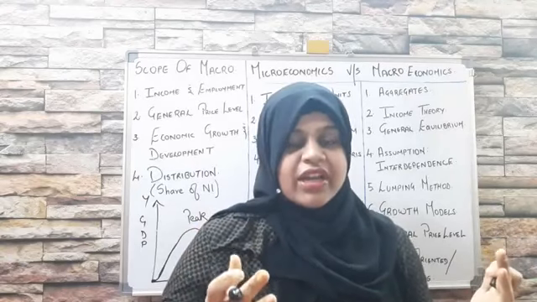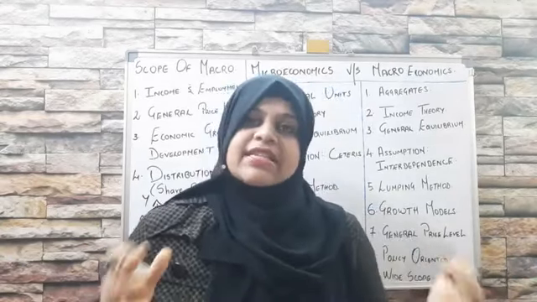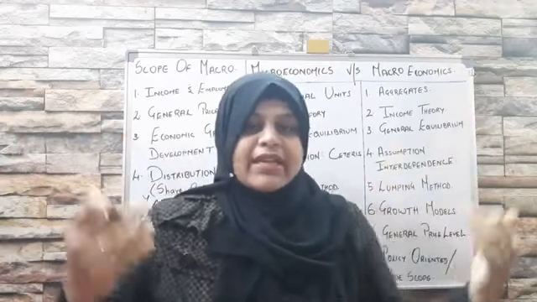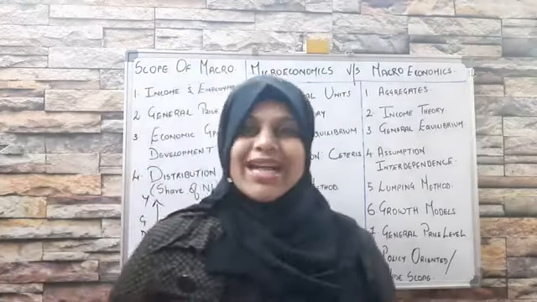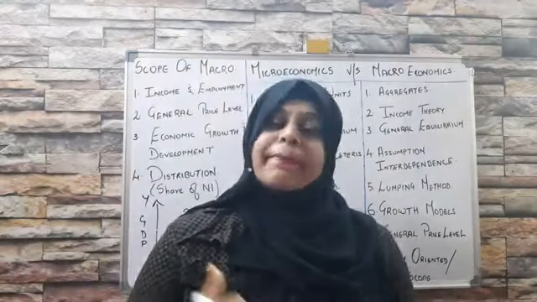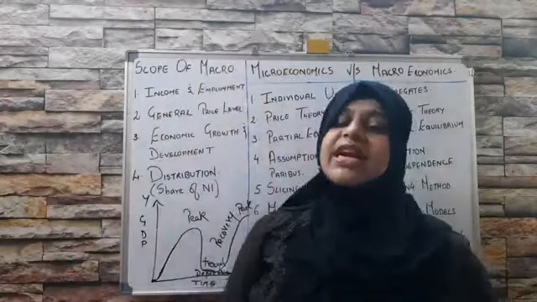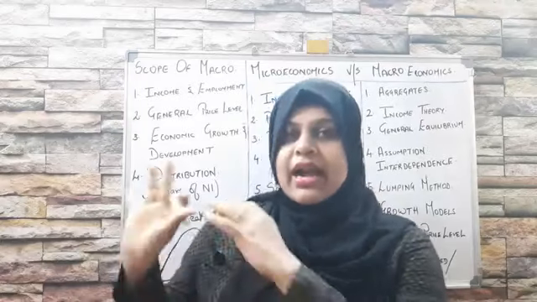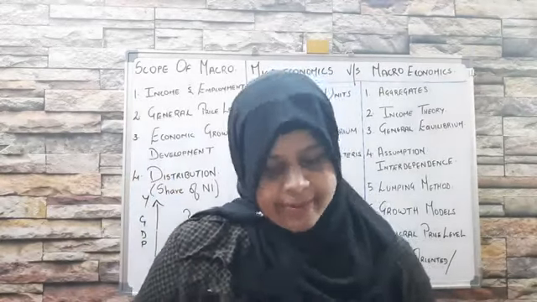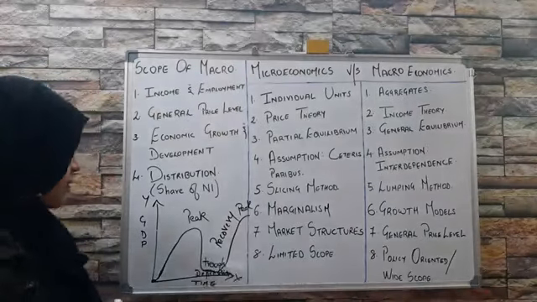Sometimes the country is in depression, sometimes it is in recession, sometimes it is blooming, at its peak. So this particular cycle is known as the trade cycle or the business cycle. This cycle is also studied in macroeconomics, and that is why it comes under the scope of macroeconomics. Right? I'll just erase this part.